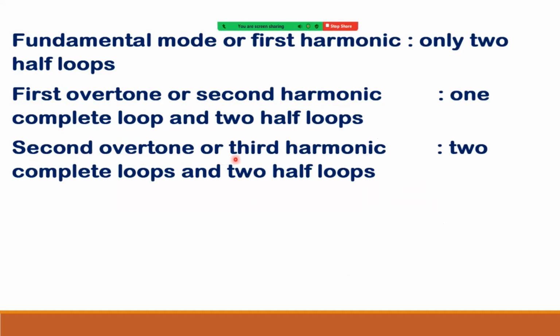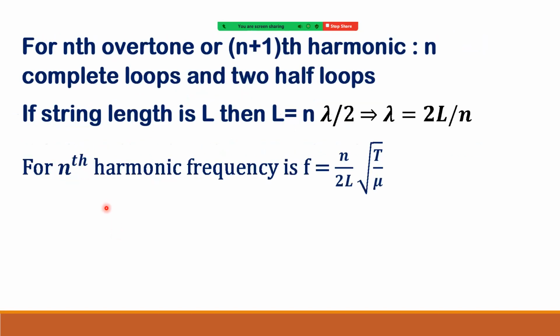Second overtone or third harmonic, two complete loops and two half loops. That means the first overtone means one loop, second overtone, two complete loops. That means nth overtone, n complete loops and two half loops, right? And remaining formulas as it is, same as the previous one.